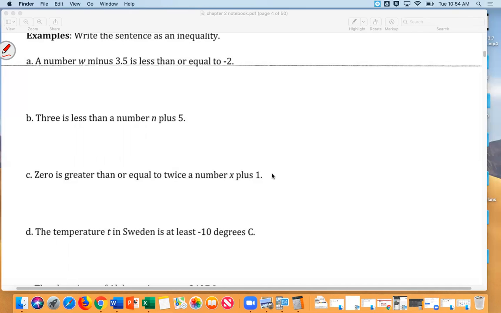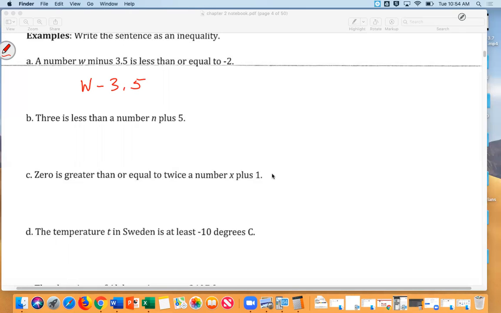So here we go. It says a number W minus, well, that one's easy because you have W minus 3.5. So we have W minus 3.5 is less than or equal to.